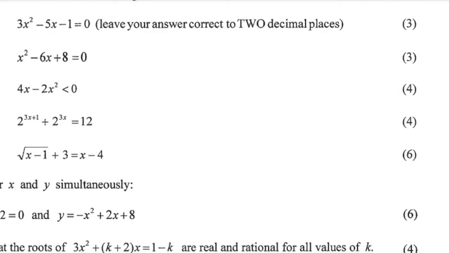Now we have number 1.1.5. It says root of x minus 1 plus 3 is equal to x minus 4, and the mark is 6 marks.